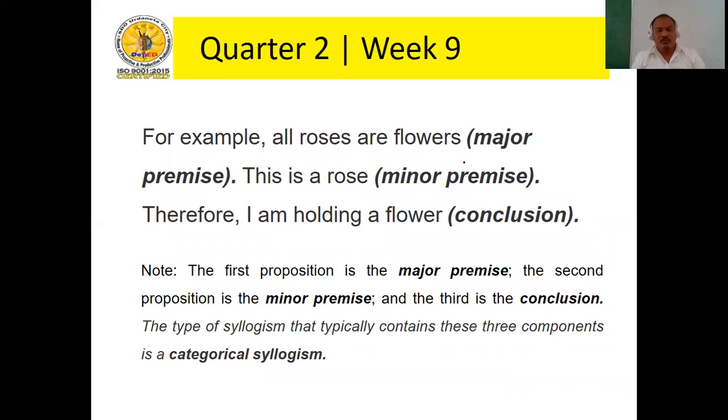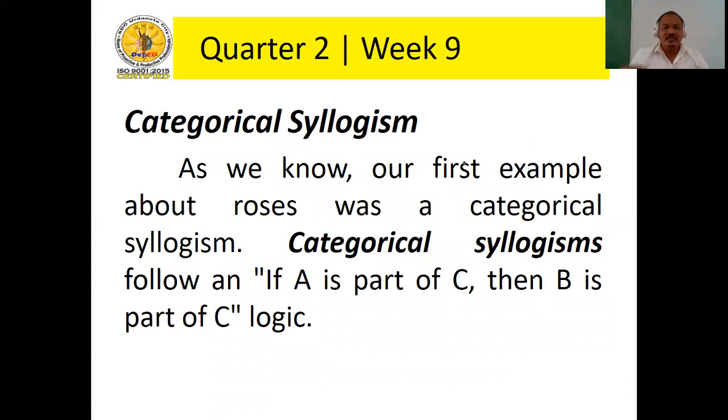Our first example about roses was a categorical syllogism. Categorical syllogisms follow: if A is a part of C, then B is a part of C.